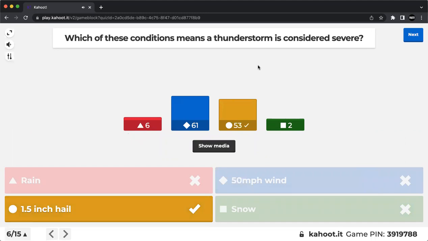Remember the 3 conditions: first, if it's greater than 1 inch of hail, which you can see in the yellow answer; second, if it's greater than 57-ish miles per hour wind, but this 50 miles per hour is less; and these two are irrelevant because the last condition is if there's a hurricane or not.